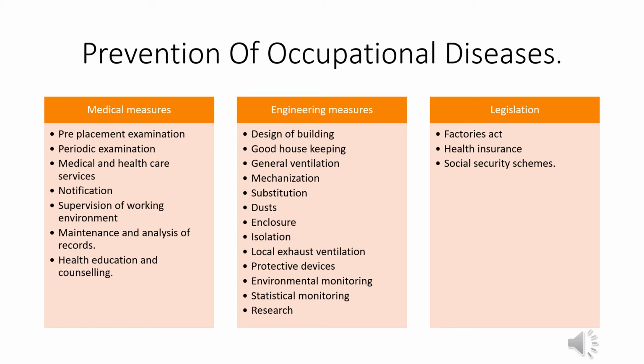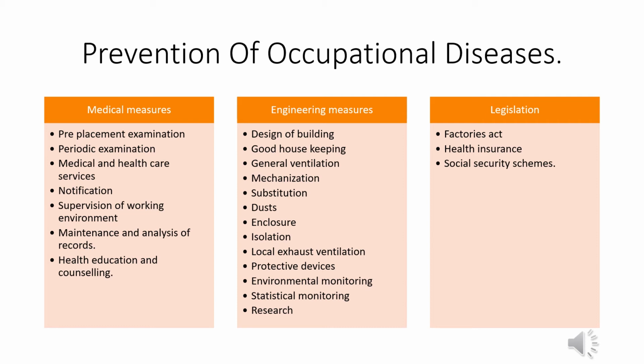Certain processes in the factory may be enclosed in an area and not exposed to rest of the industry or rest of the factory. There should be isolation of certain processes. There should be local exhaust ventilation wherever there is presence of toxic substances.